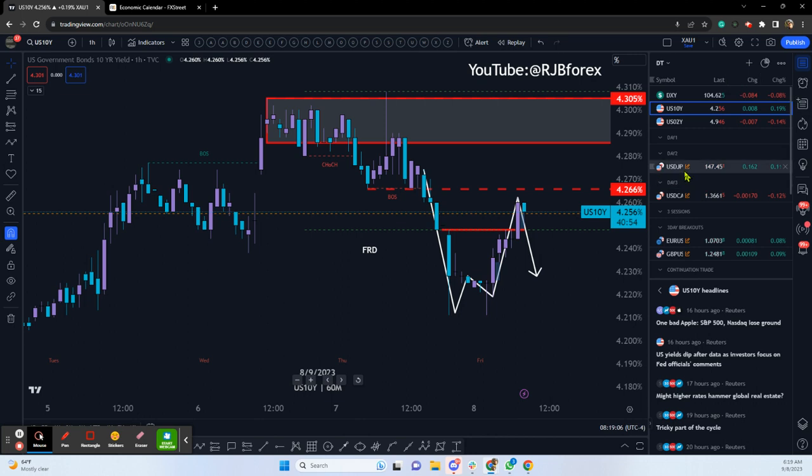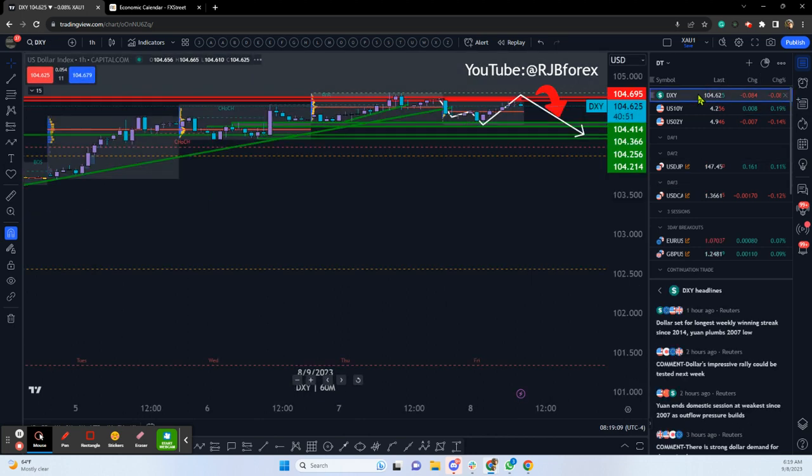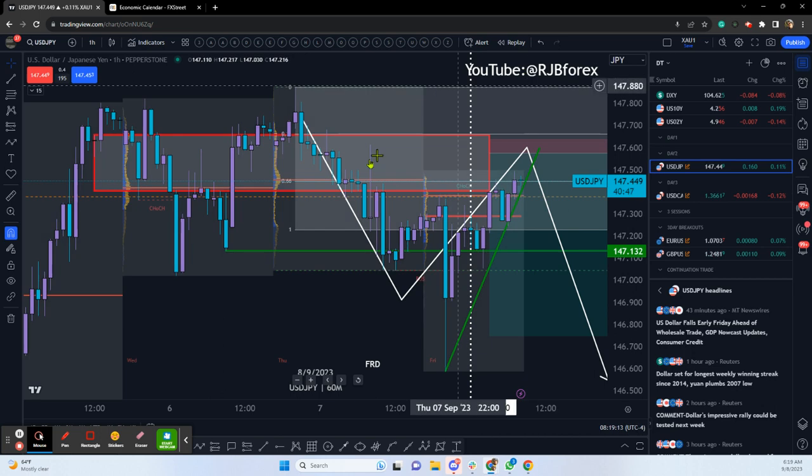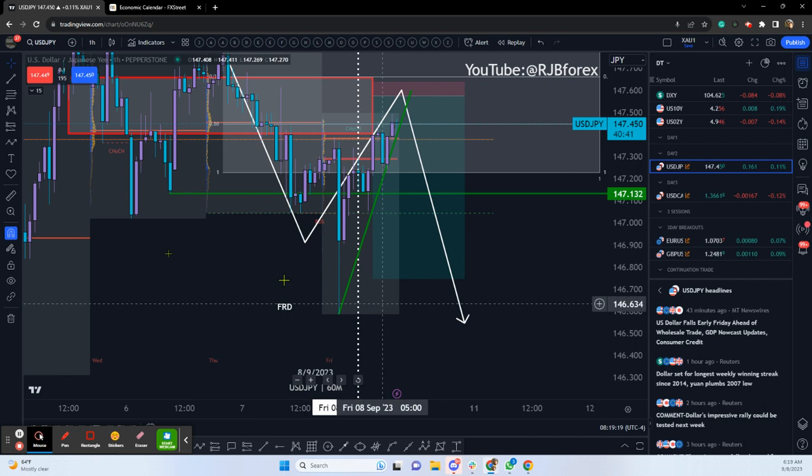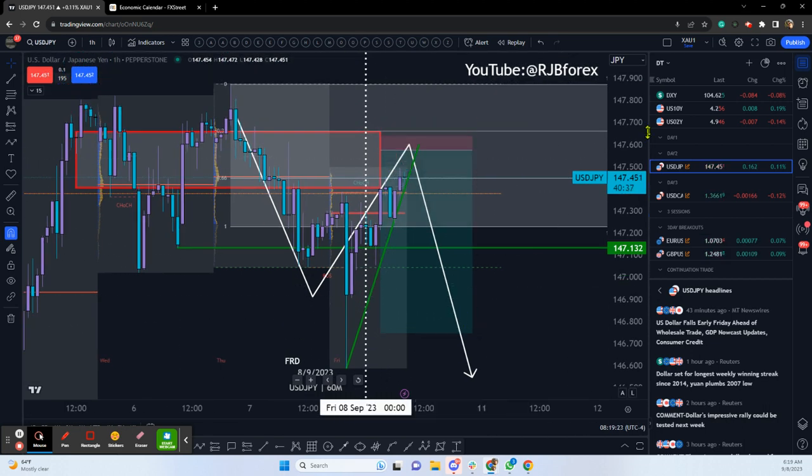Right, so if we're bearish dollar, then we're looking for shorts in dollar yen. I put this out yesterday, so we were looking for the move up to come down today.